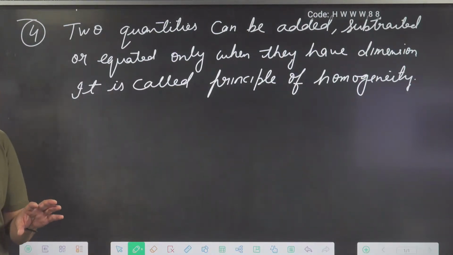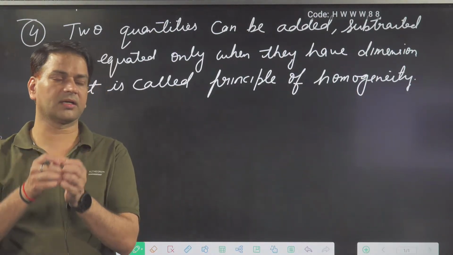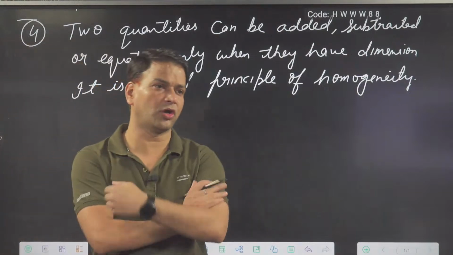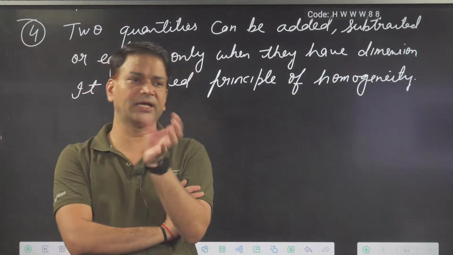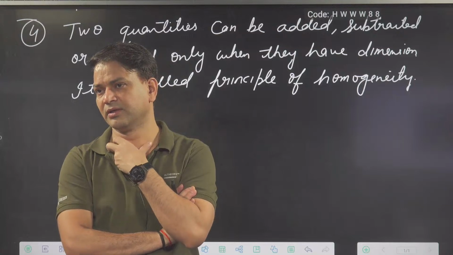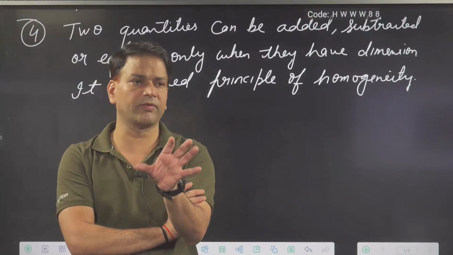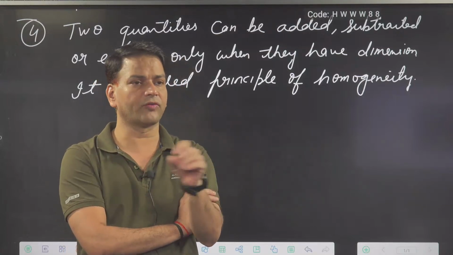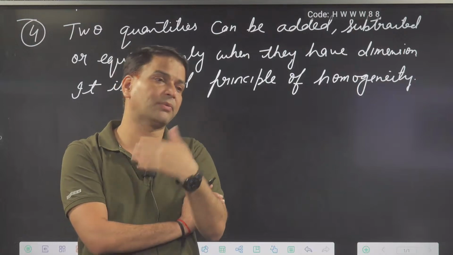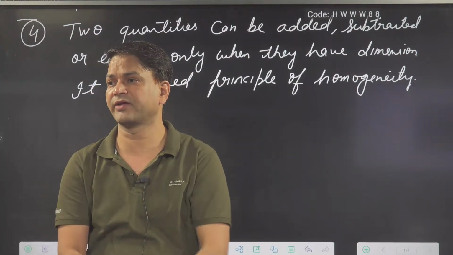Now, if I am asking, can I divide or multiply different quantities? Addition and subtraction are clear to everyone, means we cannot add or subtract different quantities. But now I am asking about multiplication and division.